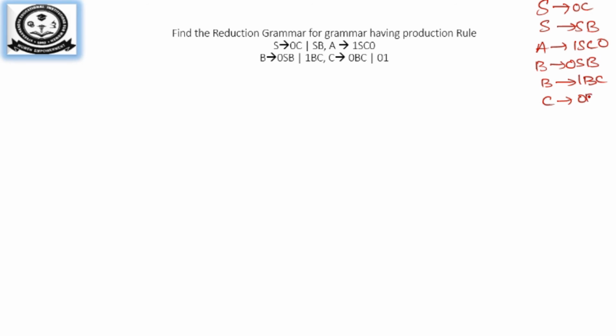So let me write the rules first. So we'll have S tends to 0C, S tends to SB, A tends to 1SC0, then B tends to 0SB, and B tends to 1BC, C tends to 0BC, and C tends to 01.